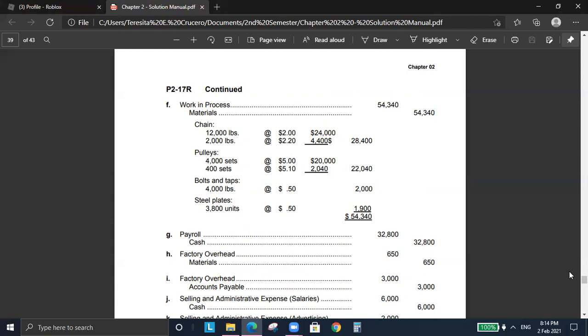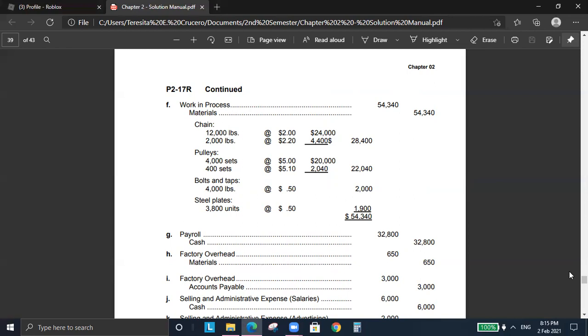Adding this to 24,000, the total cost of materials for chain using the FIFO method is 28,400.